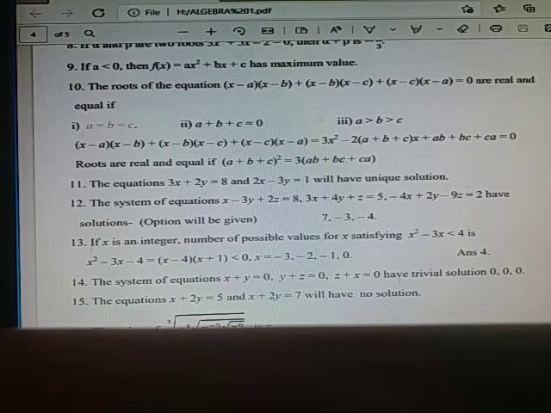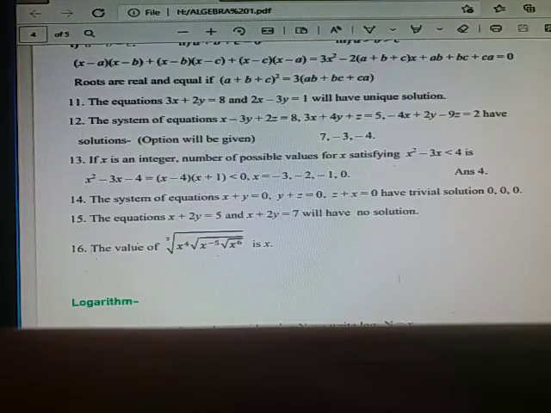So this is x square minus 36 less than 4. So x square minus 3x minus 4, if we factorize this, this is less than 0. This is less than 0 means what? You go see the number line. So it is negative if x is less than 4 and greater than minus 1.